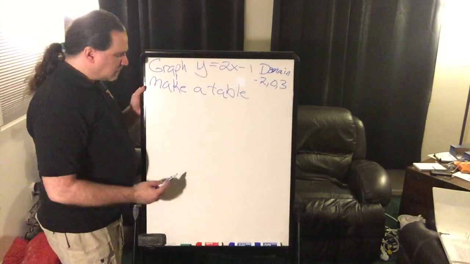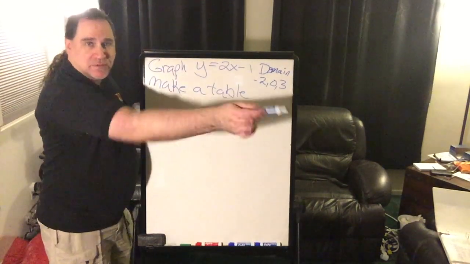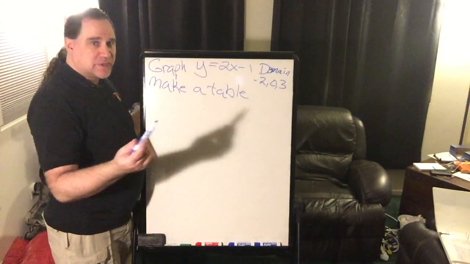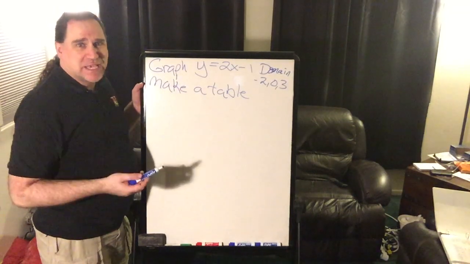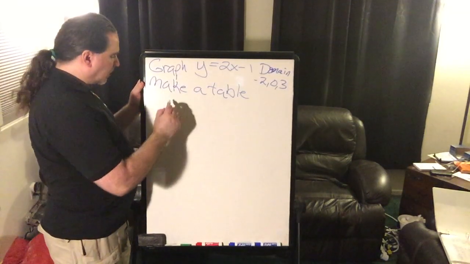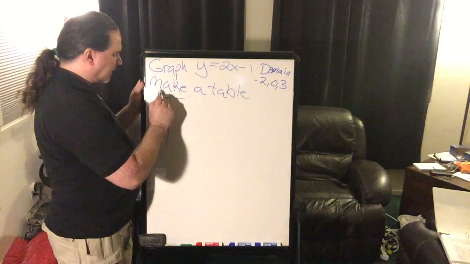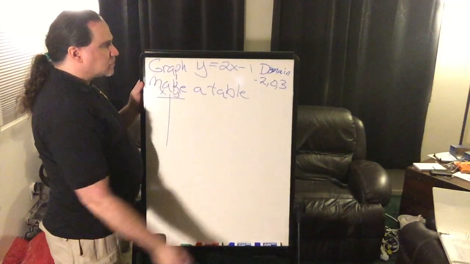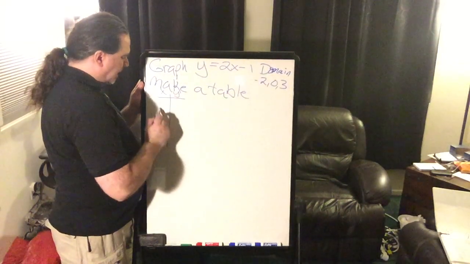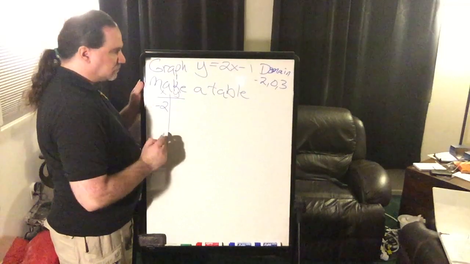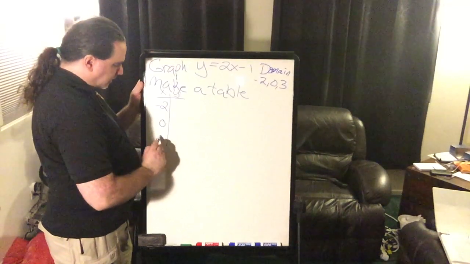So what do we do? We make a table. Now they make them horizontally. I like to make them vertically, and it doesn't make any difference to me. But I'll show you vertically first because I like it, and I'll show you why I like it. So domain, we know domain is x. So they're saying -2, they're saying a 0, and they're saying a 3.